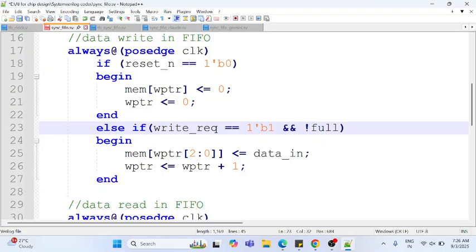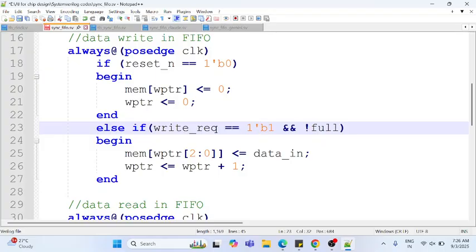It's similar to SRAM writing, where you have mem of address, because you are specifying in what address the data has to be written. But here it is not like that. Address input line is not available. Therefore, based on the write pointer status, the writing will happen.